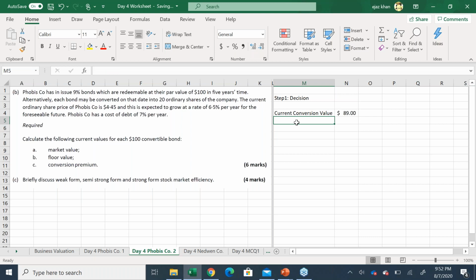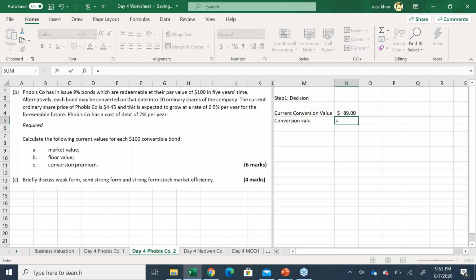We need the value at the time of redemption. So when will he get the choice of converting into shares? After 5 years. So what will be the share price after 5 years? This is what we need to incorporate into the conversion value.